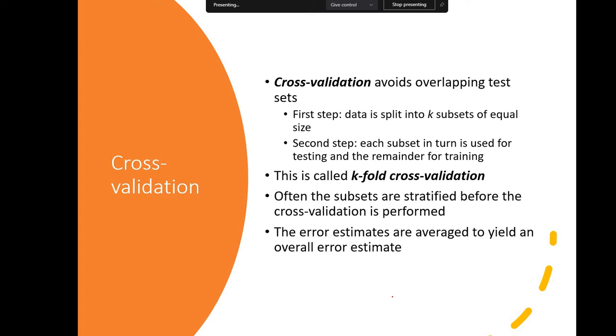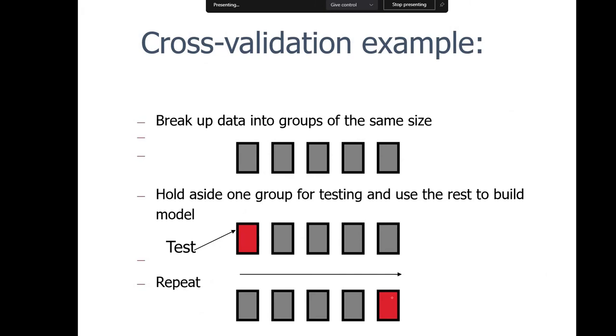So this is how it will work. Your data is broken into a set of groups, and then you mark one as the test set, and the remaining is used to build the model. Let's say now we have 5 data folds, one taken as a test, and the remaining we use to build the decision tree. You can repeat the process by changing the test set.